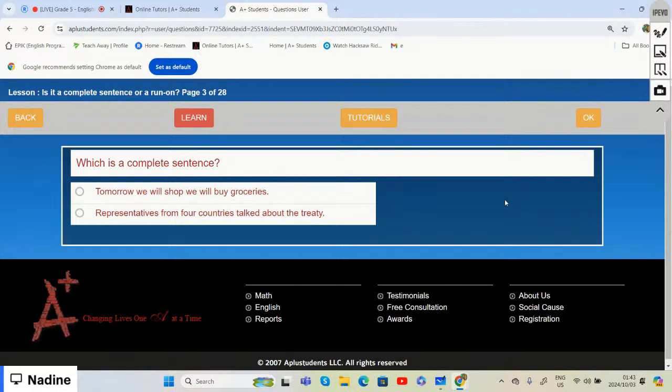Which is a complete sentence? Remember, a complete sentence has both a subject and a verb. It says, option one, tomorrow we will shop, we will buy groceries, or option two, representatives from four countries talked about the treaty.